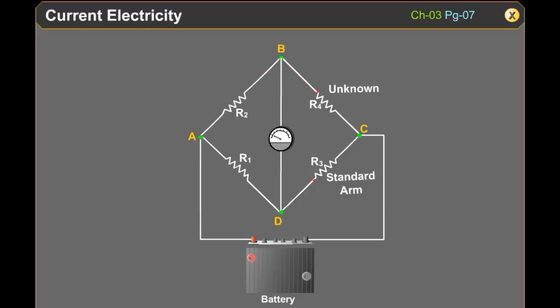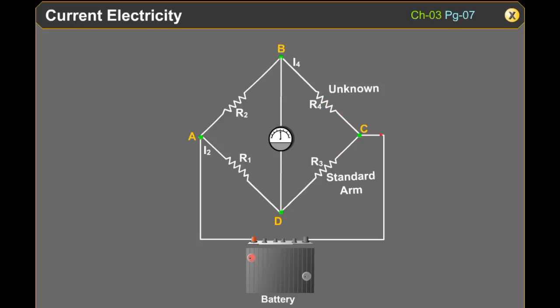In the case of a balanced bridge, where the resistors are such that Ig is equal to 0, the Kirchhoff's junction rule applied to junctions D and B immediately gives us the relations I1 is equal to I3 and I2 is equal to I4.